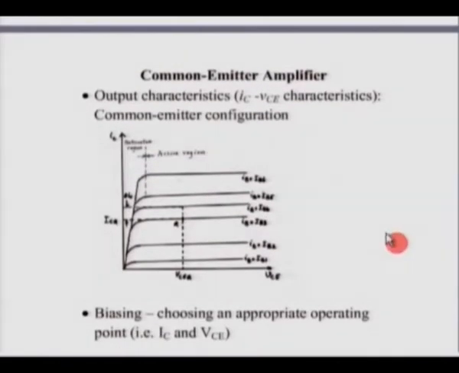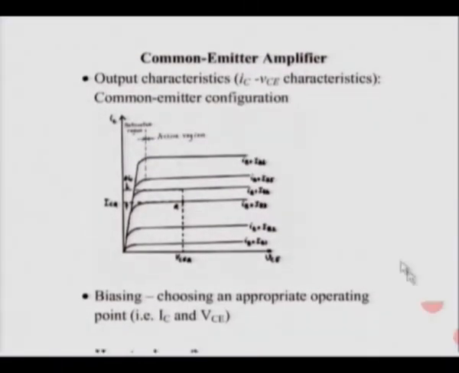Now there were a lot of questions on biasing. What is the need for biasing? I hope it is clear. After today's lecture things are very clear. The purpose of biasing is to choose an appropriate point on the IC/VCE characteristics, and you need to choose this point in such a way that you are far away from saturation as well as cutoff.